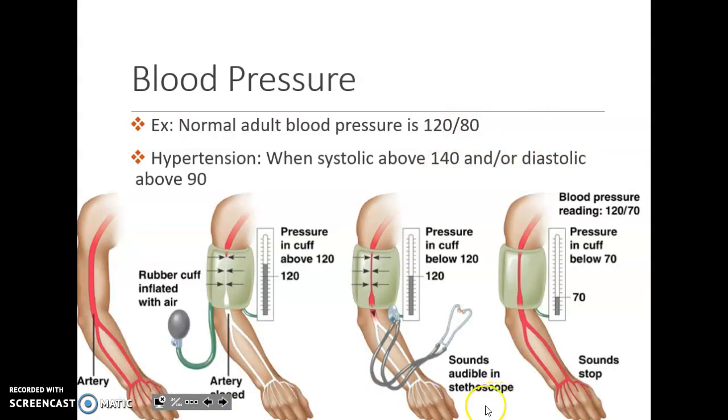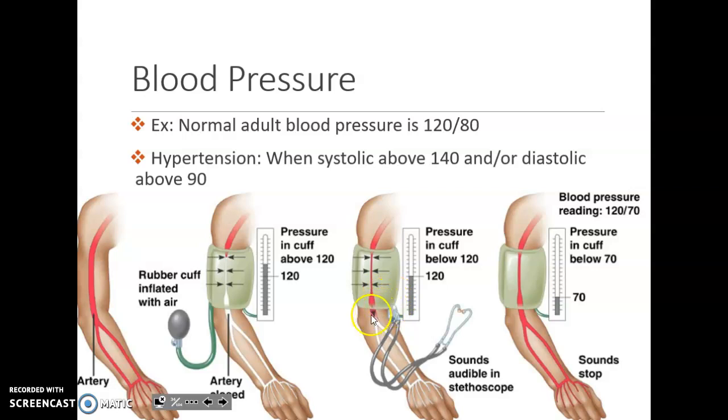And let's look at how one takes blood pressure. So normally you have blood flowing through your arteries, and then when you take the blood pressure cuff and they pump it up and it gets tight on your arm, it's actually cutting off the circulation in that artery, in the brachial artery.